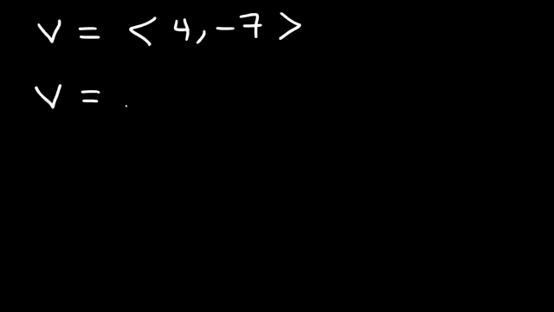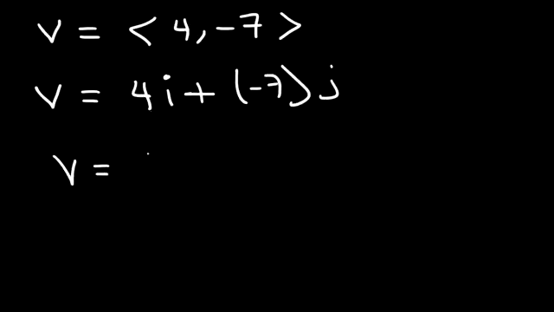So how do we apply this? Well, let's say that we have vector v, and in component form it's 4 comma negative 7. How can we represent this vector using the standard unit vectors? So we can also say that vector v is 4 times the unit vector i, plus negative 7 times the unit vector j.